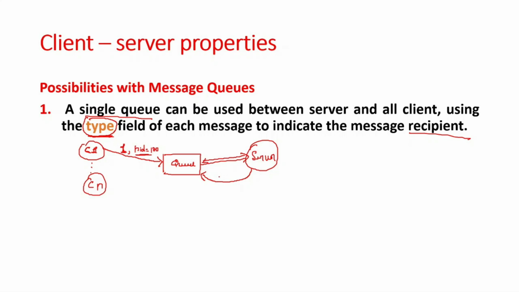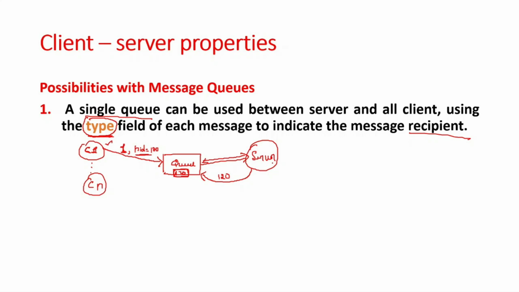The type field should now be the process ID of the client that has requested some service. With this the client will come to know, yes, this response belongs to me. So this message that has a type field of 120 will be kept in the queue, and since 120 is the PID of this client, it will come to know that this response belongs to itself. So using this single queue, multiple clients and the server can communicate.